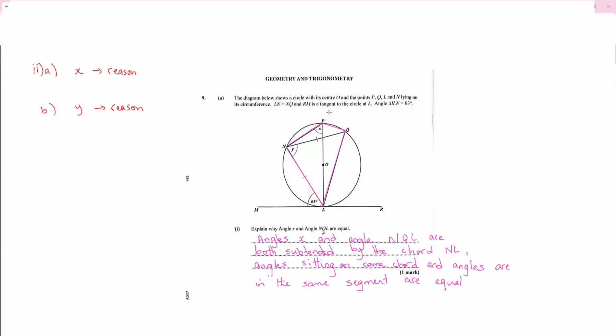I don't know about you, but for me, if I just try to look at it just like that, I don't really see it. So I actually have to, you see how I drew it out for you to see? I actually have to draw it out for myself to see.